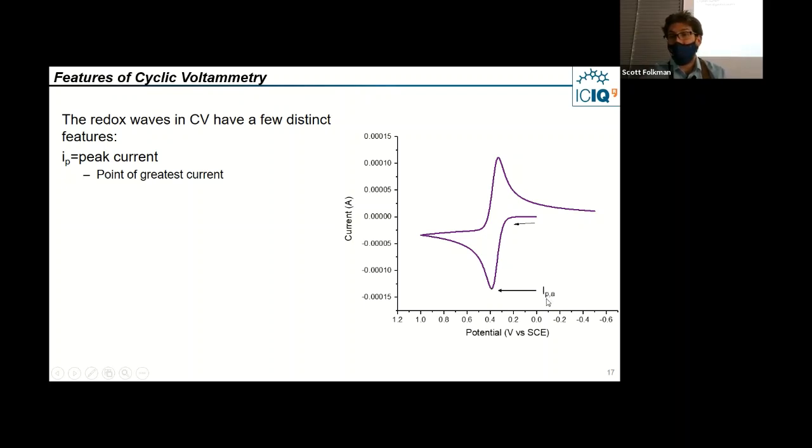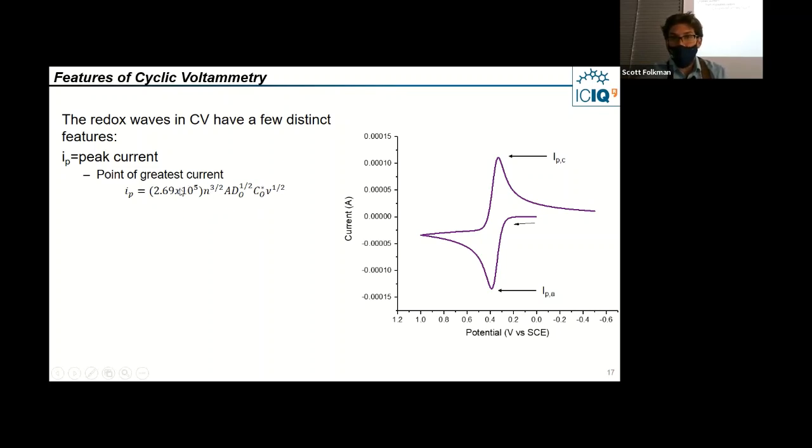So this is I sub P comma A, which is the peak current of the anodic peak. And in the reverse direction, we're having a reduction process occurring. And this is I peak cathodic, I sub P comma C. This will be in your homework as well. I'll send out the slides, by the way, for last week and this week. That will certainly help with the homework because you'll need these equations.